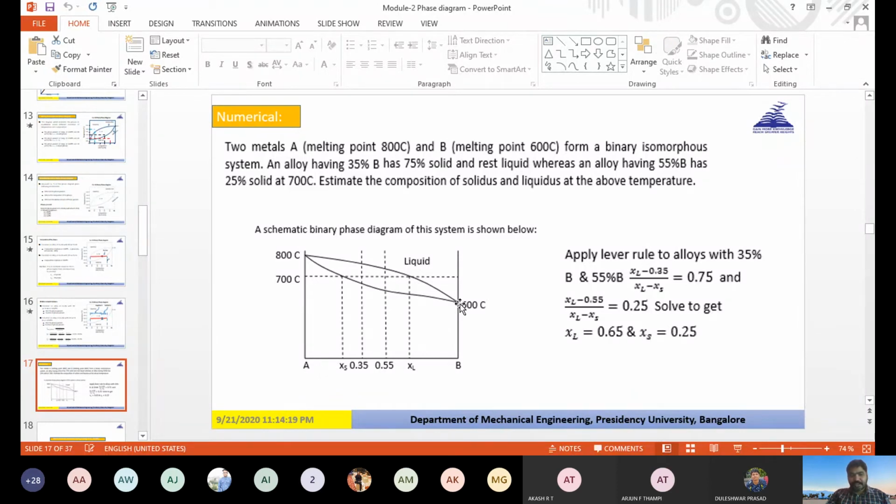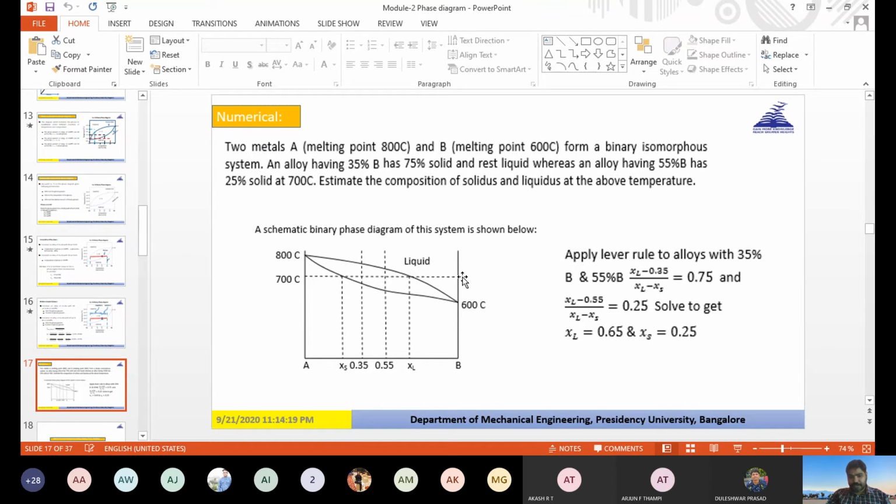Now the next thing, it is saying that an alloy means the mixing of A and B. An alloy having 35% B means the C naught value is given, that is 35% B, and it has 75% solid and the rest liquid at this particular temperature.